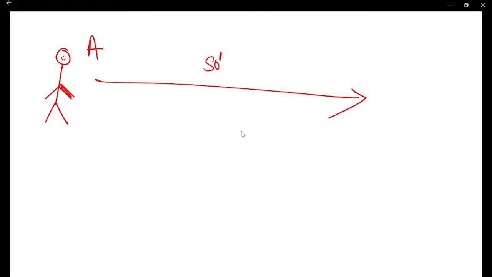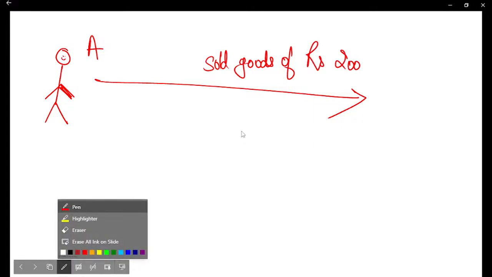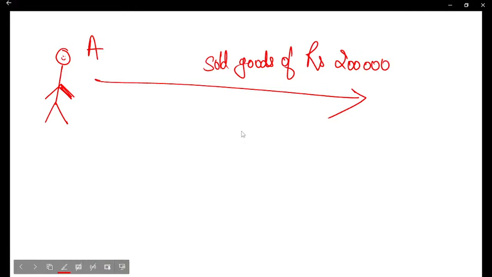In bills of exchange, I gave you an example that this is a person A. He sold goods of rupees 2 lakh to another person B. Now, B is, yes, you guys also remember the names.